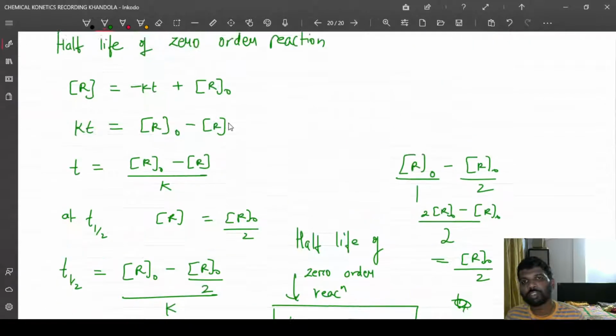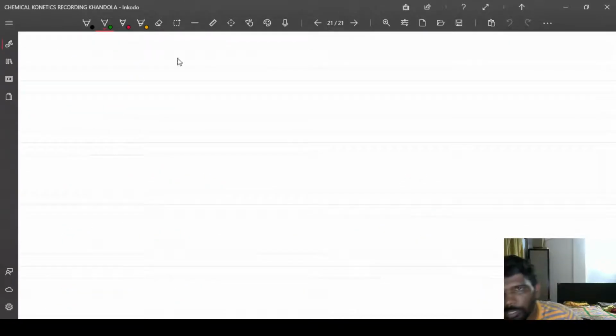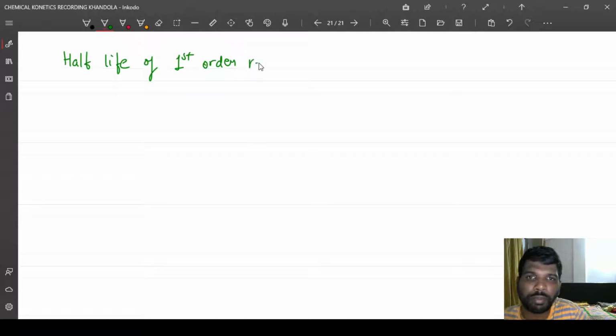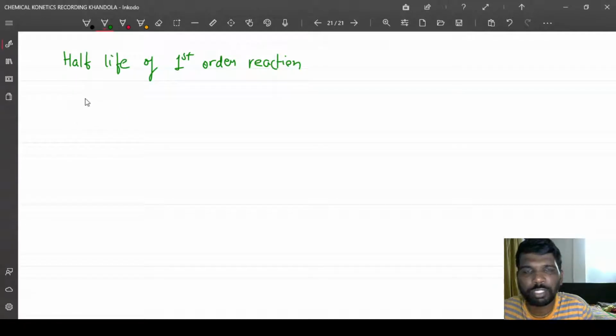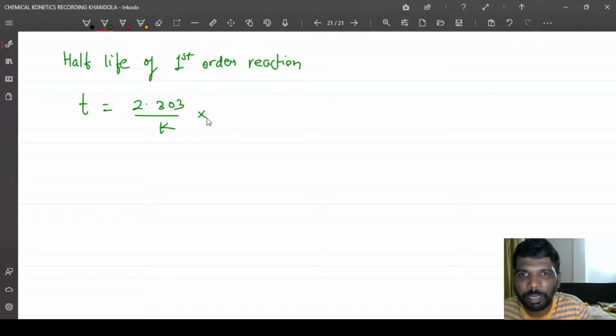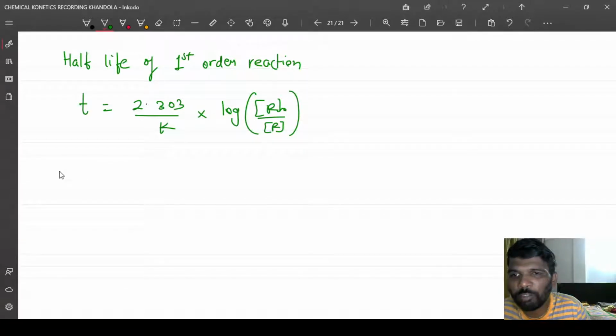Let us move on to the half-life of a first order reaction. Again here I'll start with the integrated rate law expression, the one which we just solved for examples. So t is equal to 2.303 by k multiplied by log of R0 by R. What is the meaning of t half?